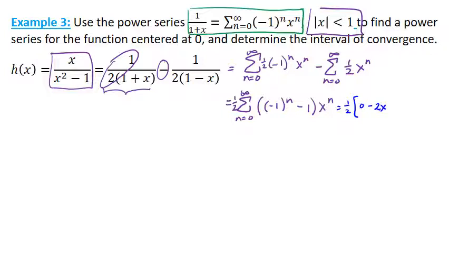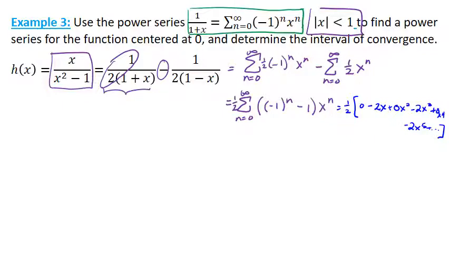So keep going. I plug in 0, 1, 2, 3, 4, anywhere I see an n, and this is what I get. Then I get plus 0x squared minus 2x cubed plus 0x to the 4th minus 2x to the 5th, so on and so forth.